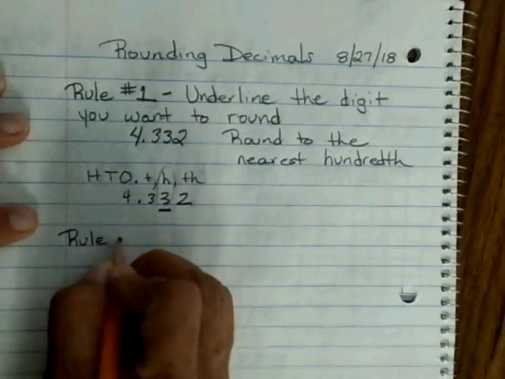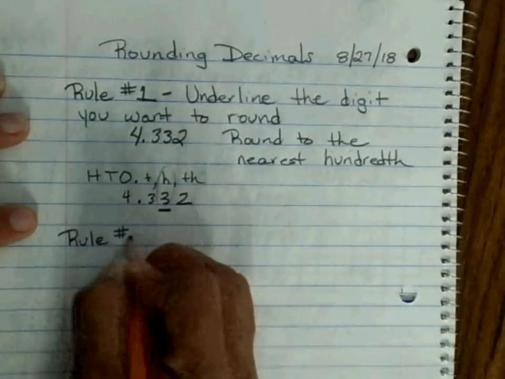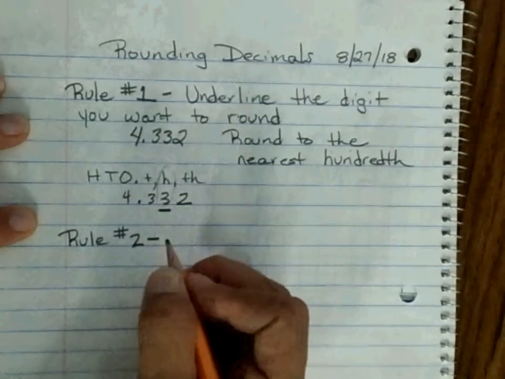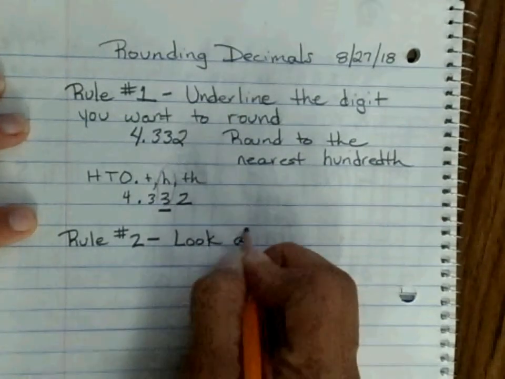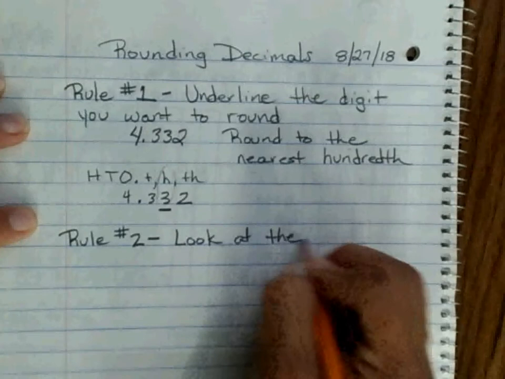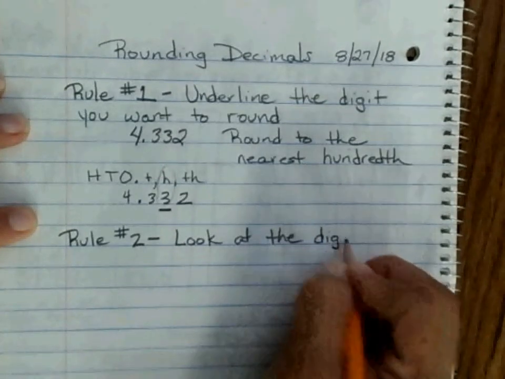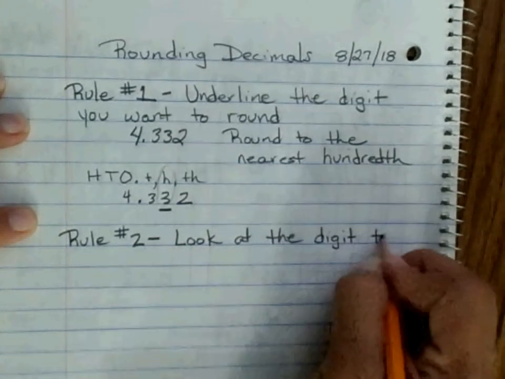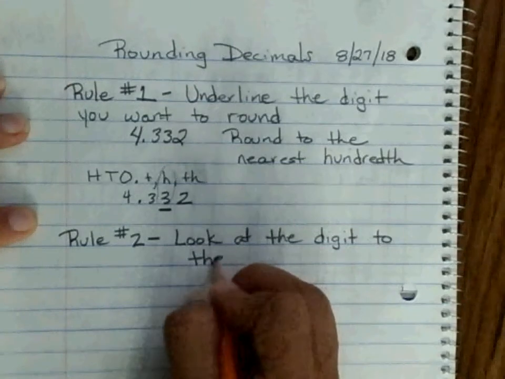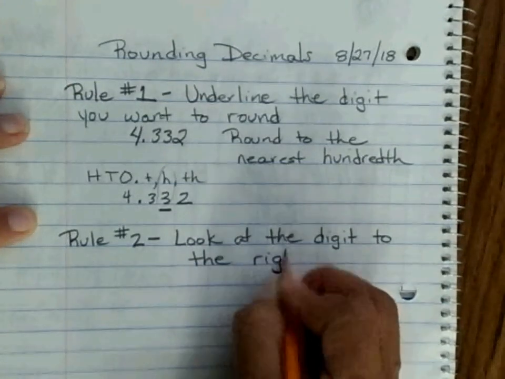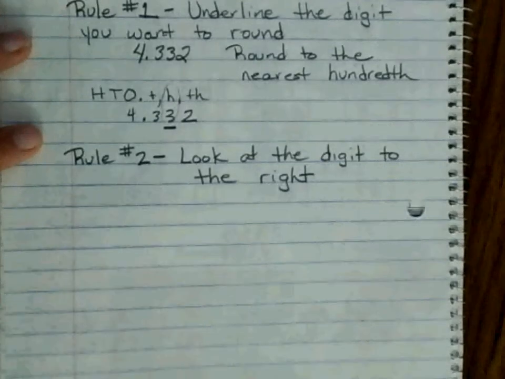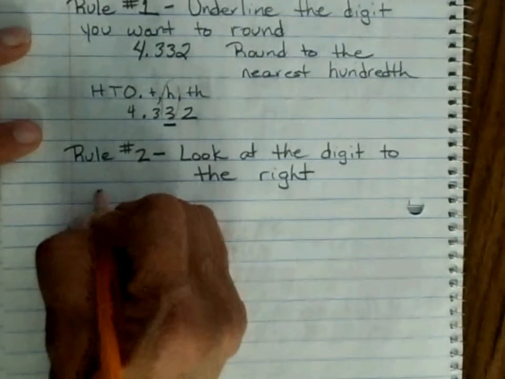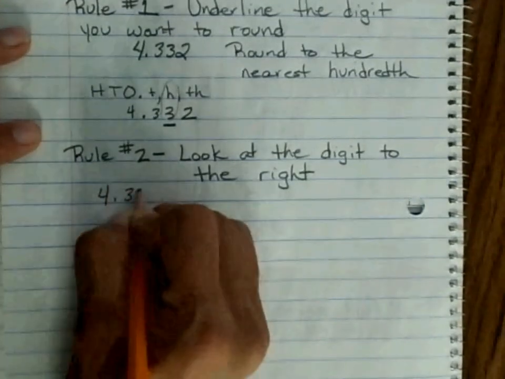Rule number 2: look at the digit to the right. So here we go. I've got 4 and 332 thousandths.